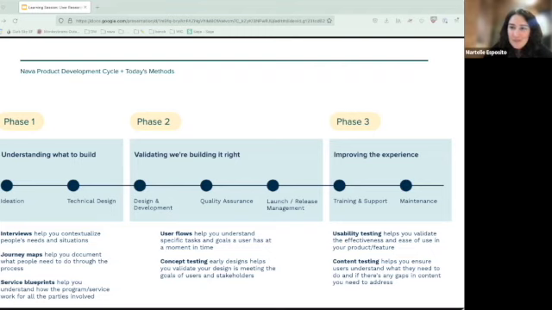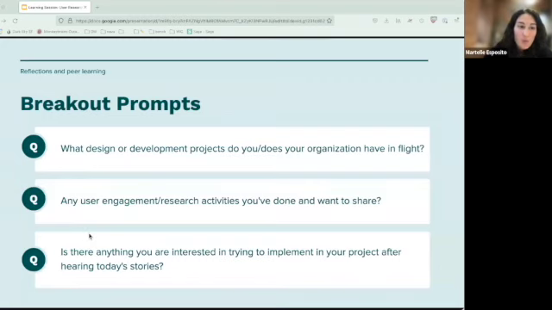So thank you. Great. I think now we'll spend some time in breakout groups to talk about applications of user research to your own projects, reflecting on what design and development projects you have going on right now. What activities have you currently done to engage users that you want to share with the group?